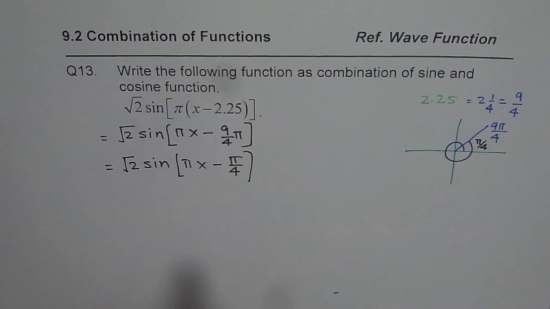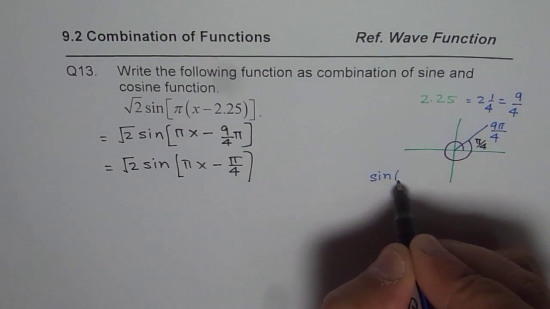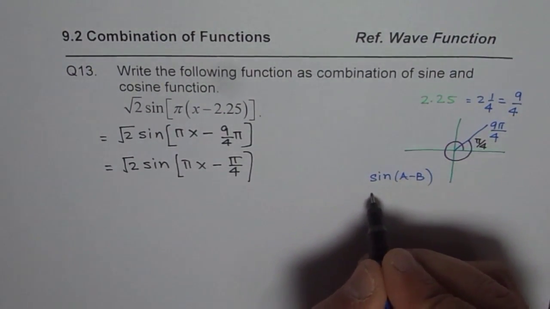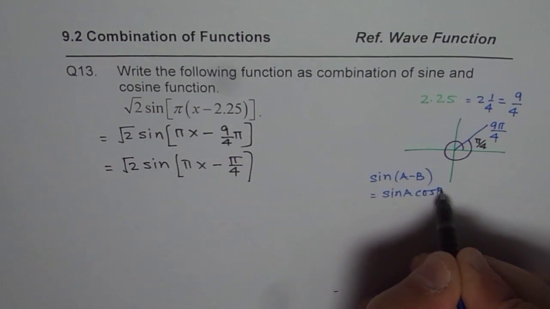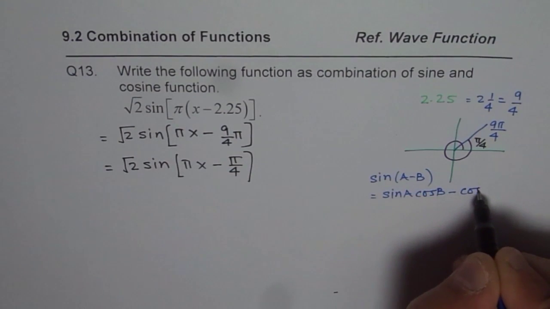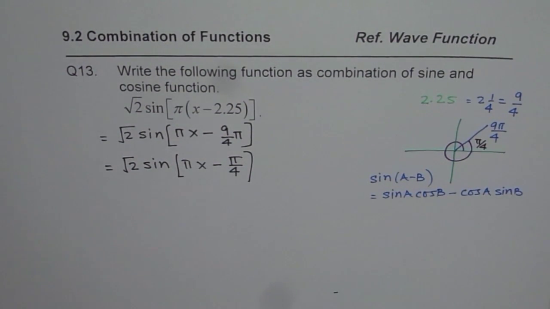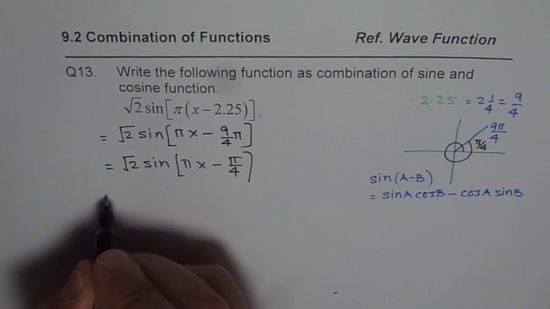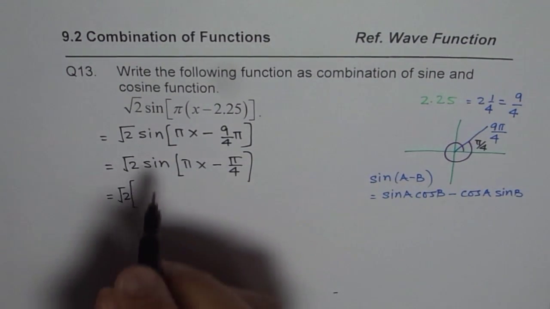Now we can use the compound angle formula. The compound angle formula is sine (A minus B), since we have A minus B here, equals sine A cos B minus cos A sine B. That is the compound angle formula which we can now apply and open this bracket. So we get square root 2, let's keep it outside the brackets for the time being.